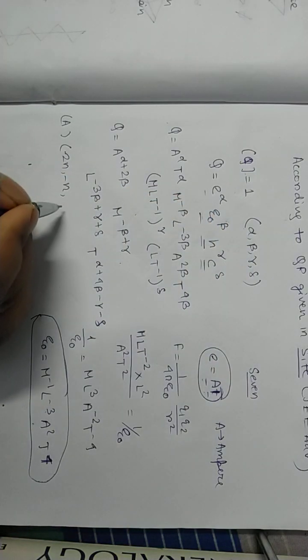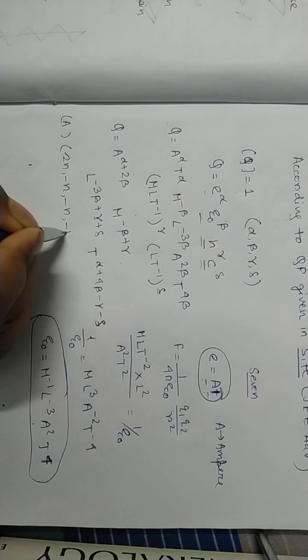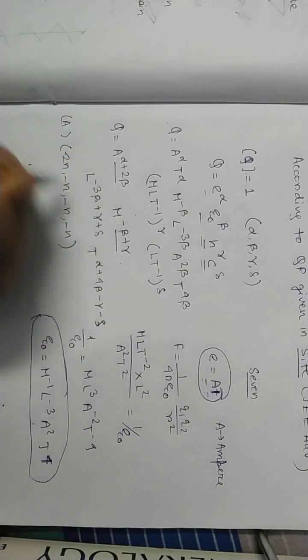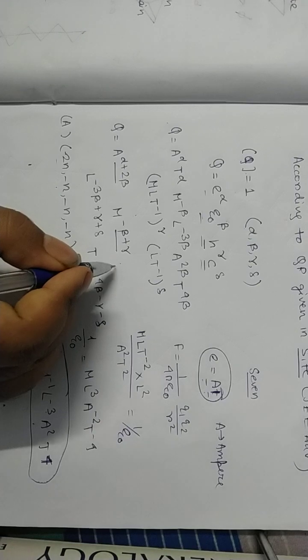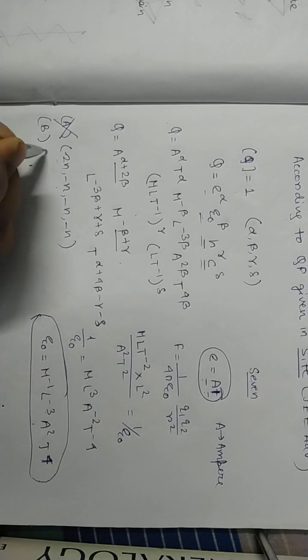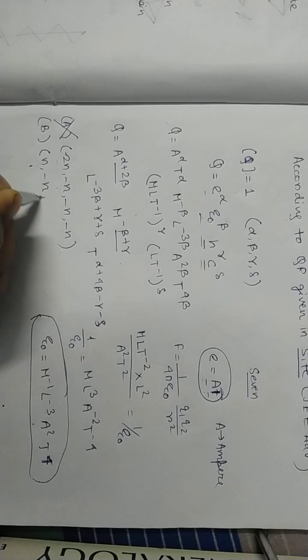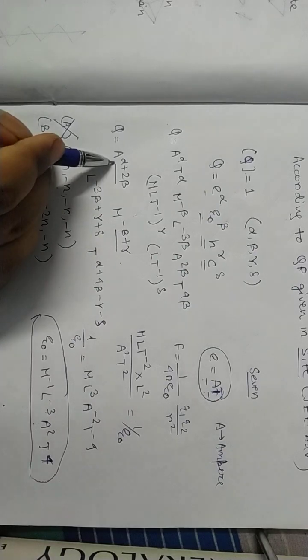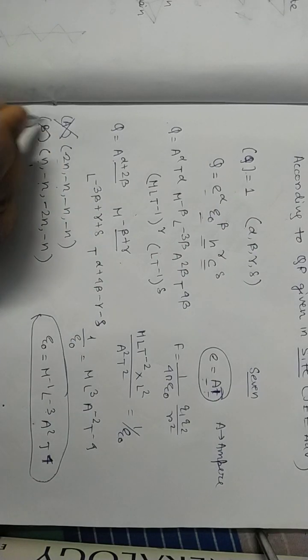So the option given, 1 minus n minus n minus n, is clearly not right, from this both will be 0. Alpha equal to minus 2 beta and beta equal to gamma, which is not there. So this is not the correct option. We have n minus n minus 2n minus n. Alpha equal to minus 2 beta. Alpha not equal to minus 2 beta.